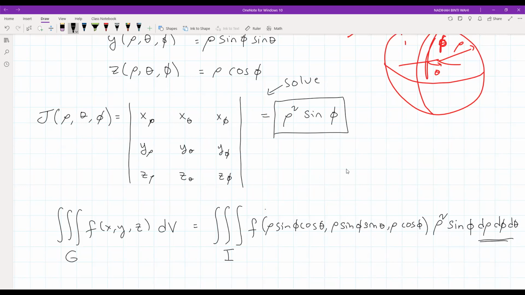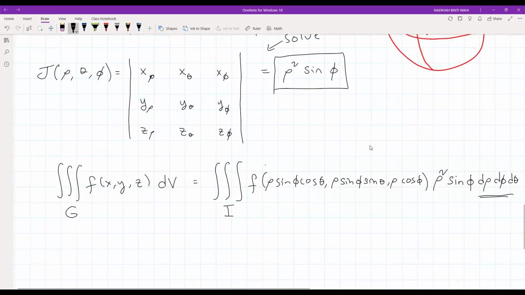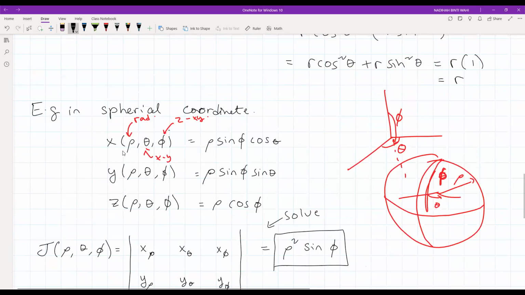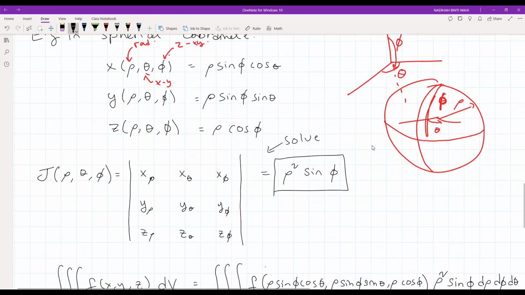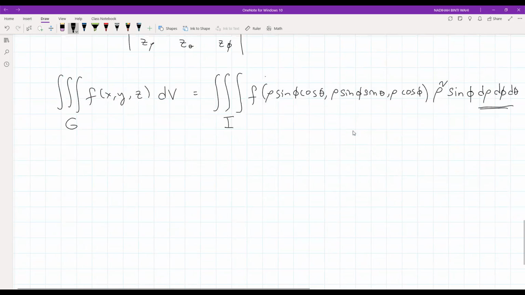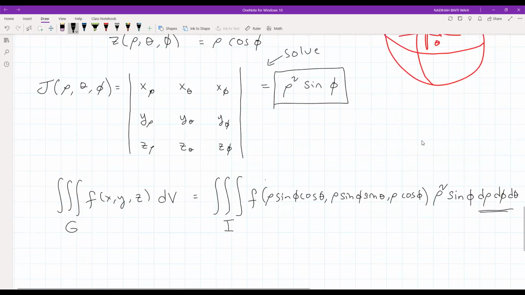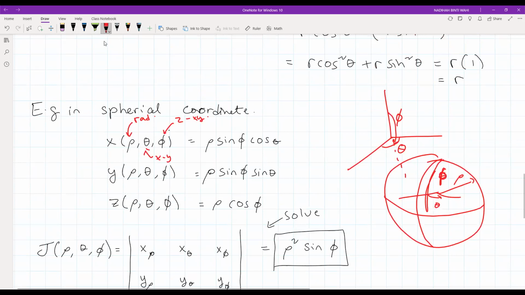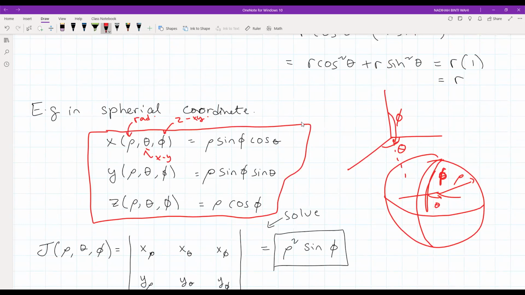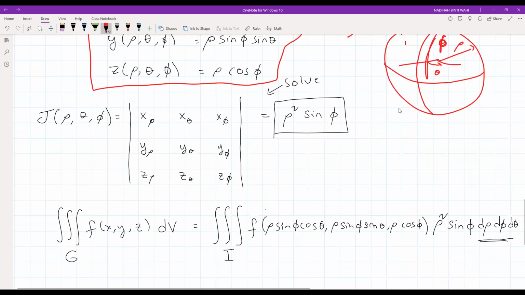Okay. Any questions? So this is just a change of variable as long as you know the transformation equation. The thing is how to get this. In most particular cases, this is not already defined. So this is easy because it's already defined in spherical coordinates, but it might not be this easy. You need to find it on your own.